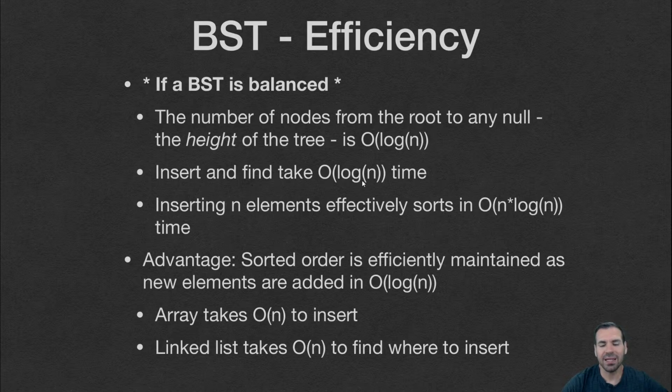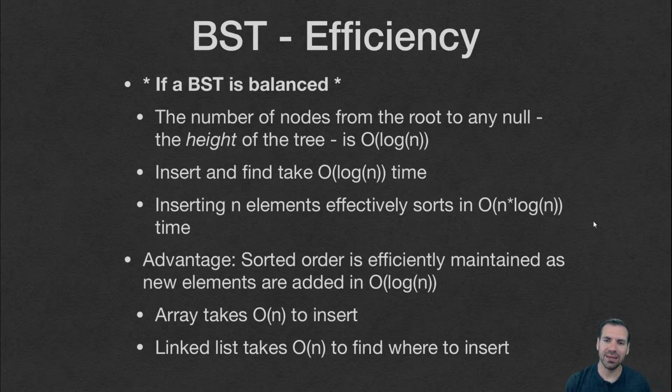Insert and find take constant time for each recursive call, and there are at most log n recursive calls. Each time we made a recursive call, we were going to the left or right child. So we're going down the tree one layer every time we make a recursive call, and then doing constant time at each layer. So it's log n time for insert and find, which does give us a new sorting algorithm.